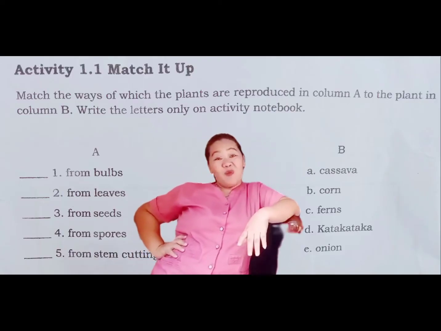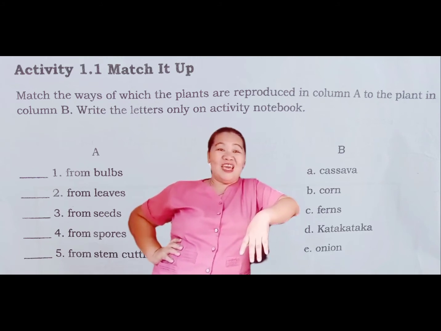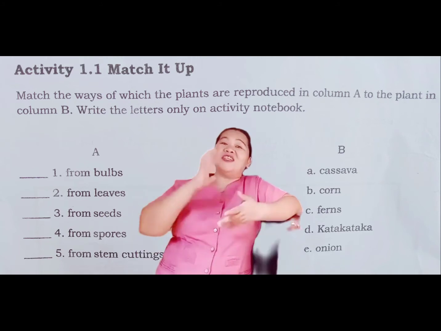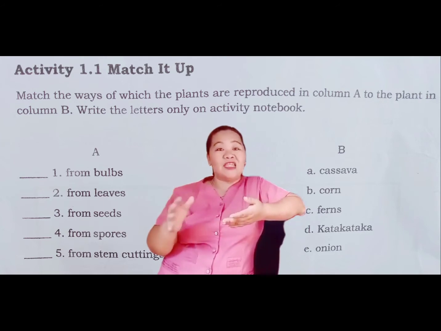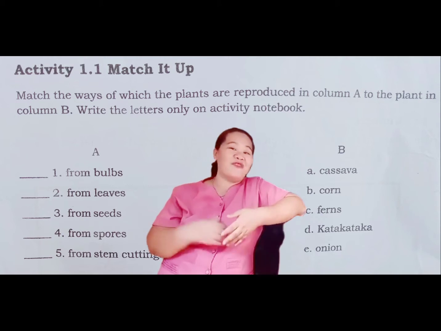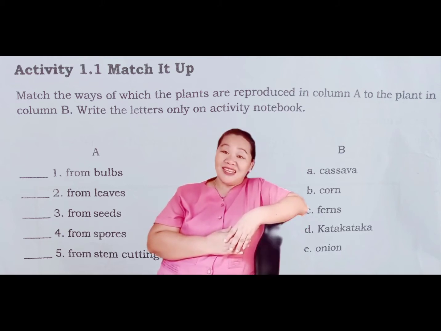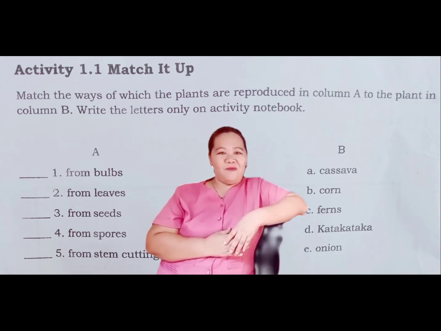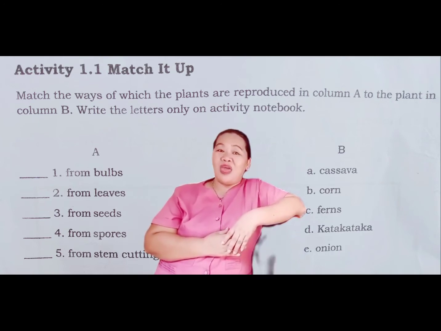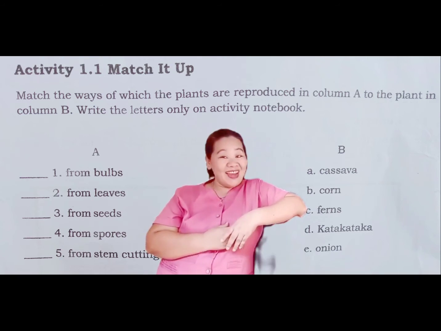Okay, so what have you learned? You have already learned and understood the topic about the different modes of reproduction in flowering and non-flowering plants. So this time, let us check your understanding of the lesson. You are going to match the ways by which the plants are reproduced in column A to the plants in column B. Are you ready?